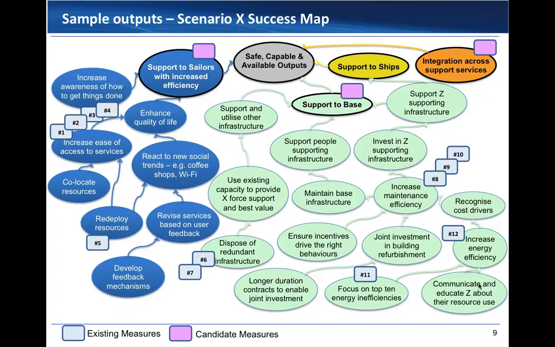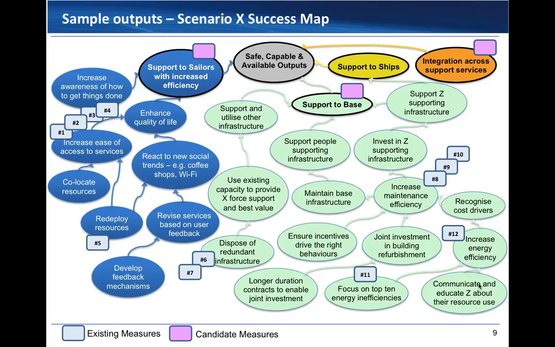The second lever, the one in green, is around providing support to the base. So it's not just the people, but there's the physical infrastructure. So how do I make sure that's available? And then the third lever is around supporting the ships themselves. So as well as the people in the base, the actual vessels, how do I provide support to those?